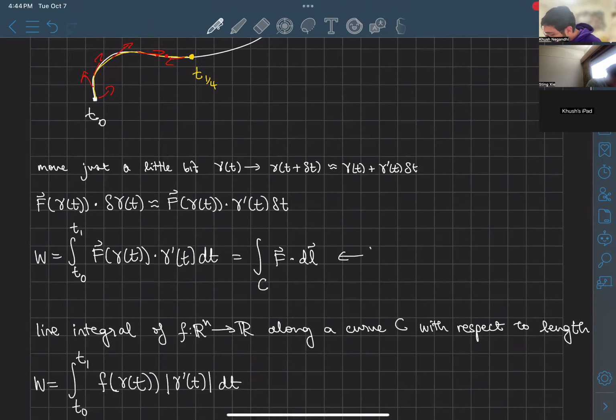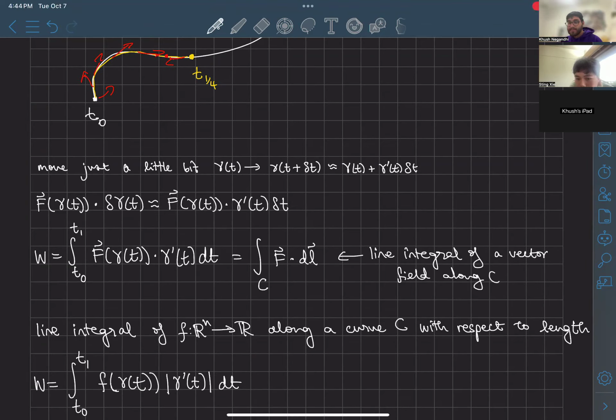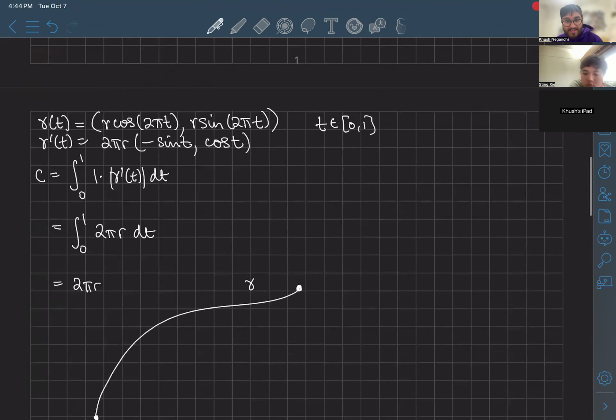This was the line integral of a vector field along C. I'm interested in this line integral. Okay, so let's look at this.